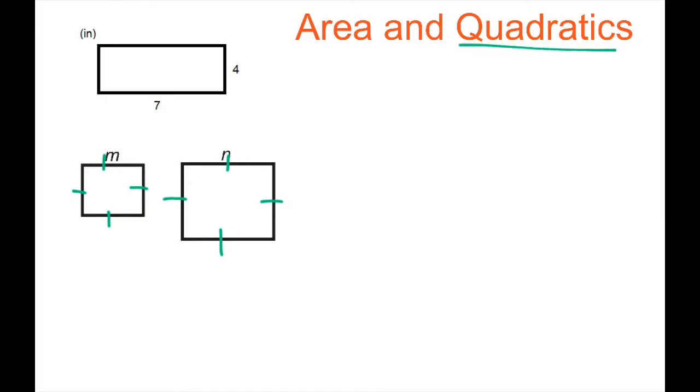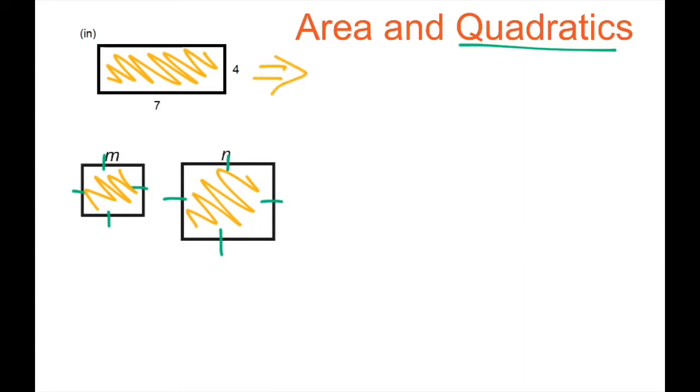So let's just review quickly about area. When I find area, I am looking for the space inside of my shape. So if I were to ask you to find the area of that rectangle, you would tell me it is the base times the height, which means I would multiply 7 times 4, which would be 28.